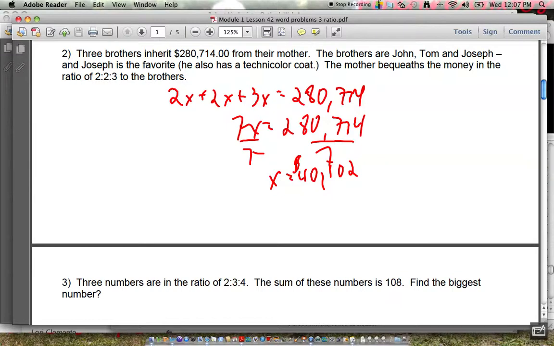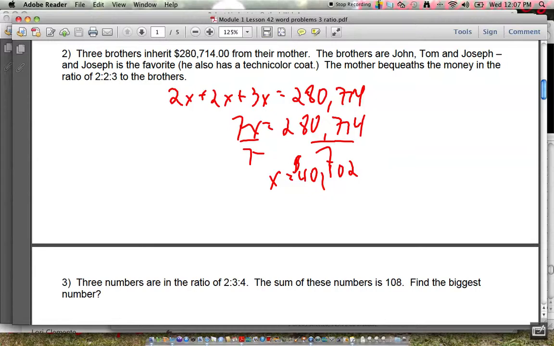Now, it doesn't ask a question, though. All right, well, anyway, that's the common ratio number. And then if you want to find this brother, you got to multiply it by 2, so that'd be $80,204. The next brother is $80,204. And the last brother is $120,306. What?